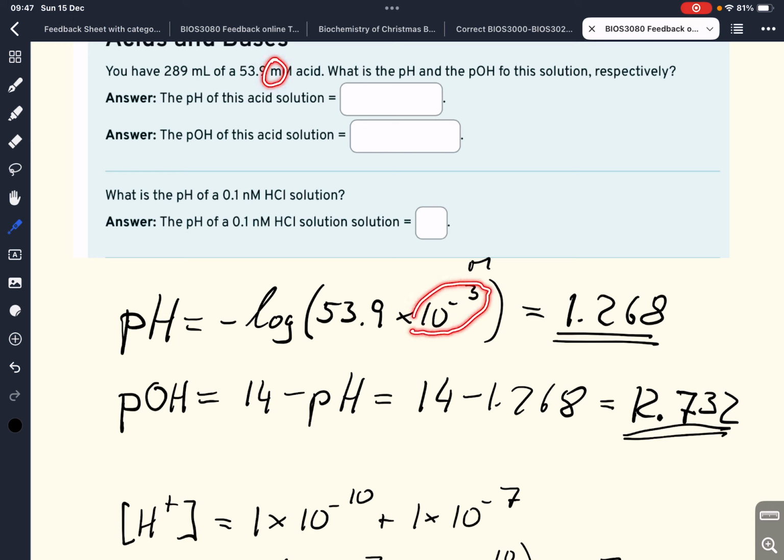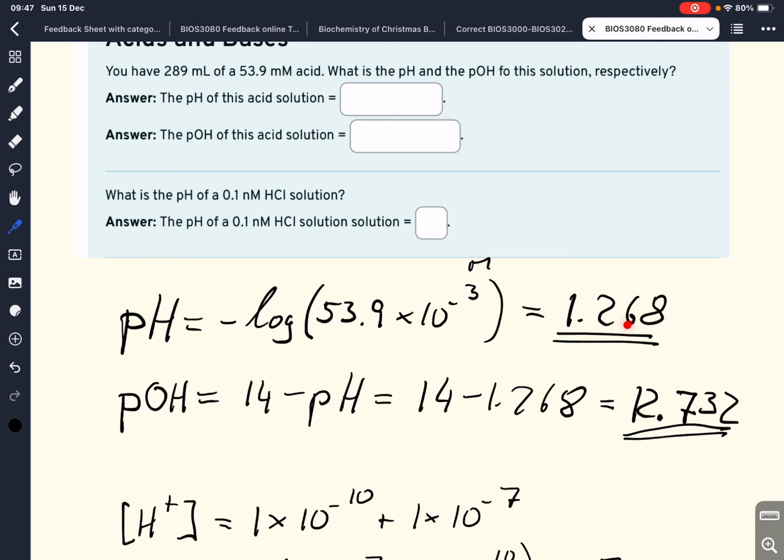That's why we've got the 10 to the minus 3, because the definition is that whatever is in the bracket of the log, and I should say it's log 10, but we know that anyway, has to be in molar. So the pH would be negative log of 53.9 times 10 to the minus 3 molar. And if we put that in a calculator, we get a pH of 1.268.